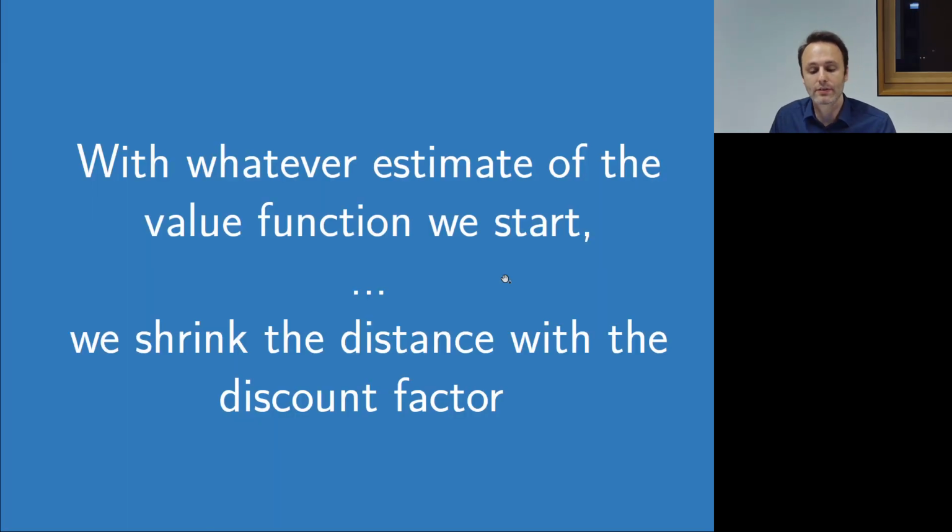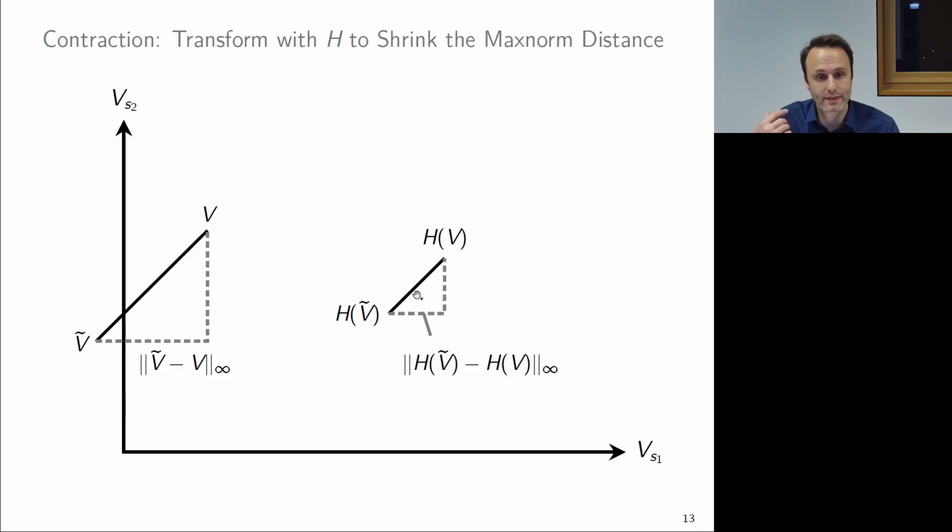Now, how does it work? One property of value iteration is that with whatever estimate of the value function we start, we're going to shrink the distance with the discount factor. Now, to understand the intuition behind this, consider H, which is a policy evaluation operator applied to the value function. And if we have two estimates, v tilde and v, of this value function, then we can calculate the distance between the two.